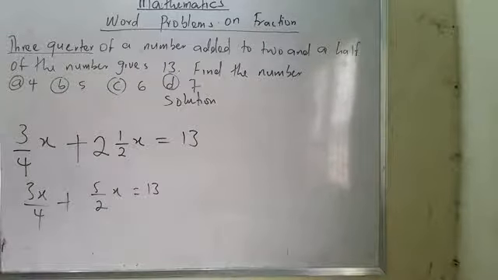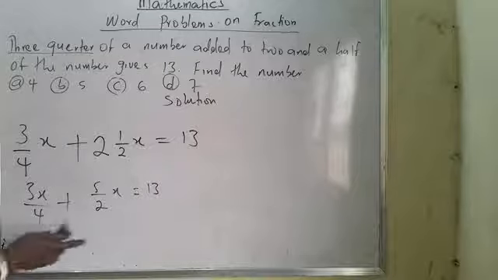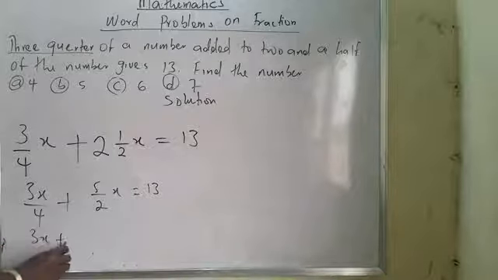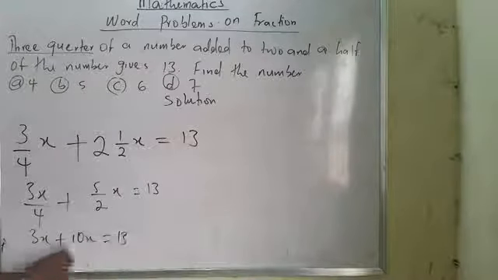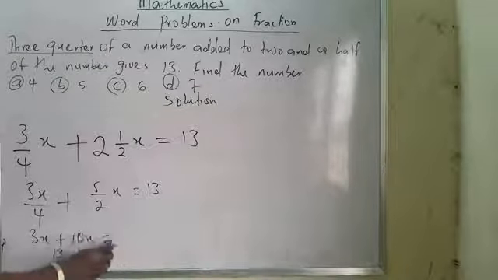Now, I multiply all through by 4. If I multiply all by 4, I have 3x plus 10x equals 13 times 4, which is 52.